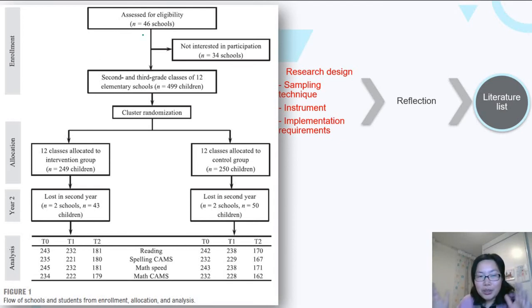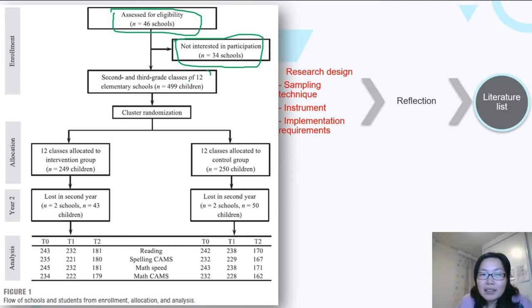And about research design, this publication shows a very clear roadmap. At the beginning, they select 46 schools which are eligible for this research. And they try to get in contact with these 46 schools. However, 34 schools showed no interest in participation.